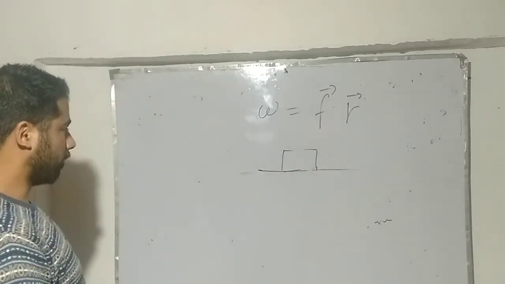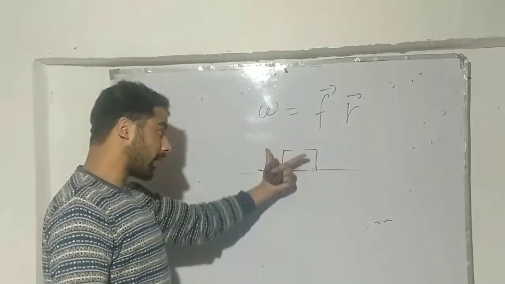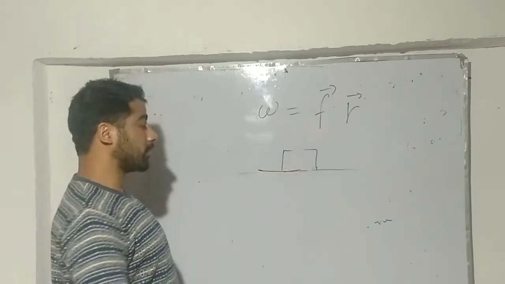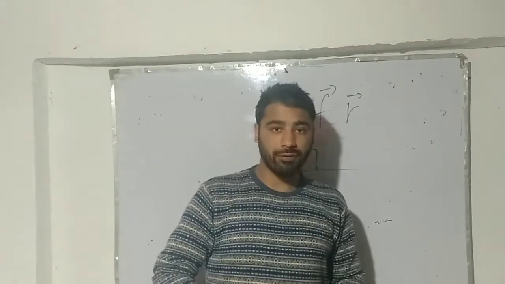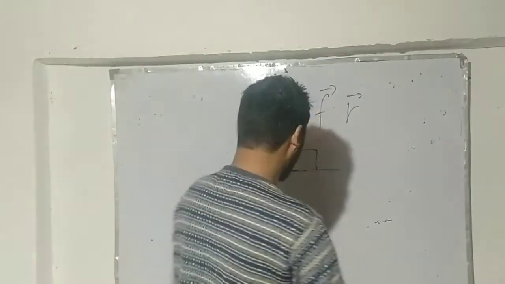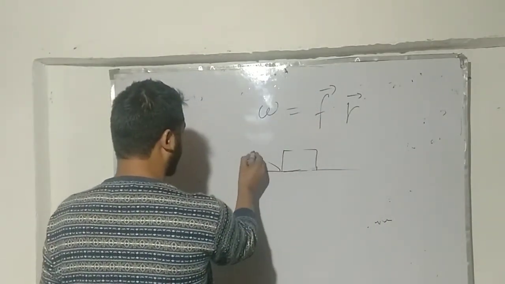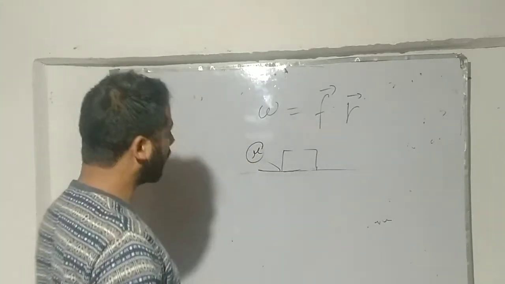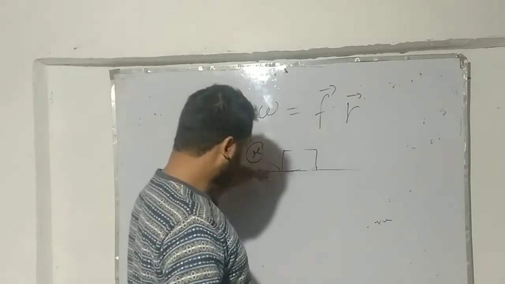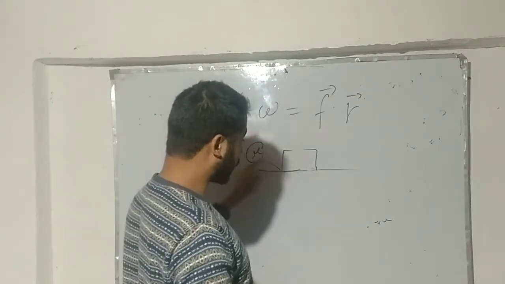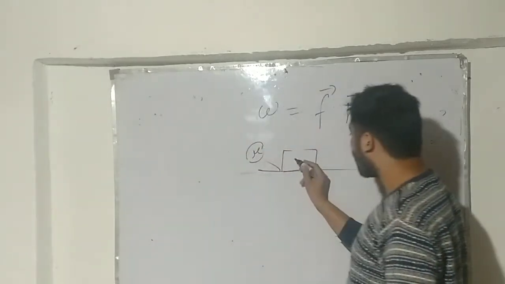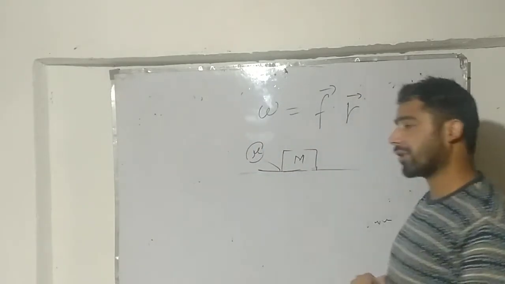The block is in contact with the horizontal surface, but this surface is rough in nature, so there is a coefficient of friction, known as mu. So the block rests on a horizontal rough surface having some coefficient of friction. In addition, the mass of the block is given as m.